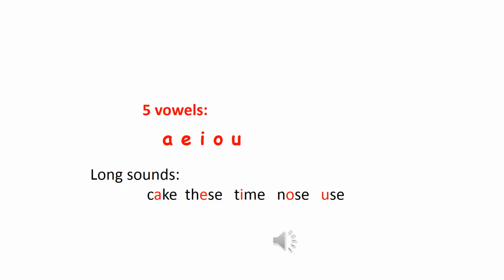The vowel E makes the long sound E in the word these. The vowel I makes the long sound I in the word time. The vowel O makes the long sound O in the word nose. And the vowel U makes the long U sound in the word use.